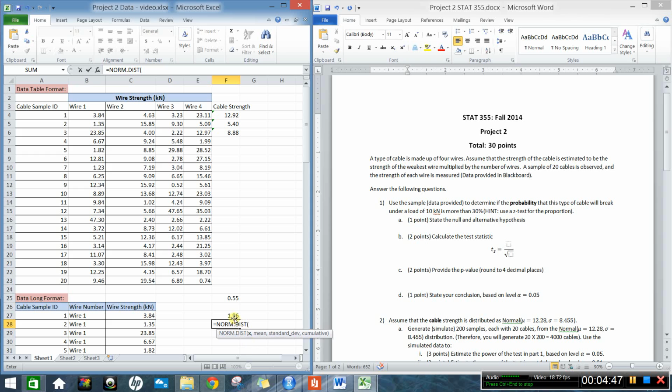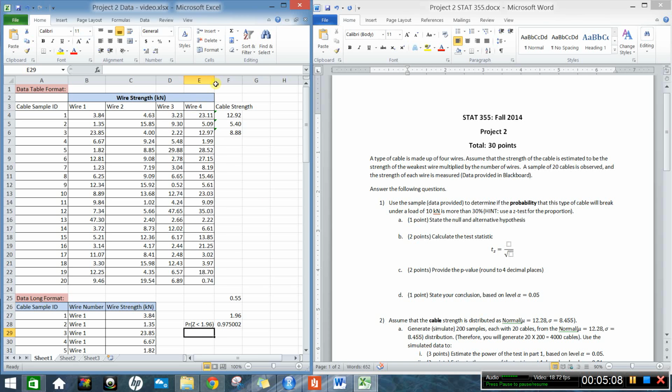Okay, so you give it what the t is, and then the mean is 0, standard deviation is 1, and it's asking, do I want it cumulative? And I do, true. What this is, basically, is the probability of z being less than 1.96. So that's the left tail, or the left side. If I was interested in the right tail, the probability that z is greater than 1.96, I would take 1 minus that value. Okay, and then that would be my p-value.